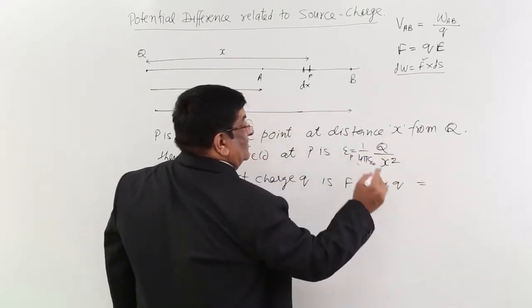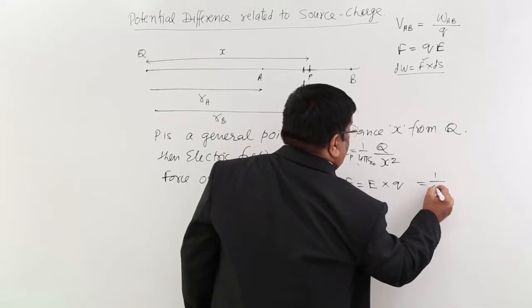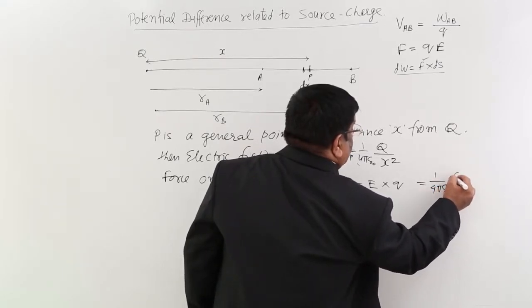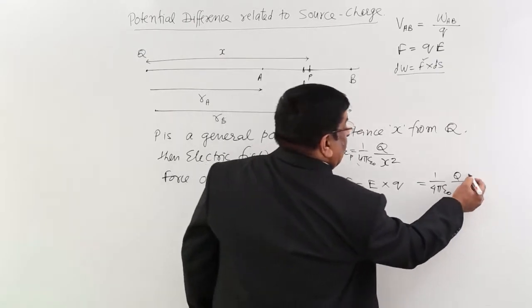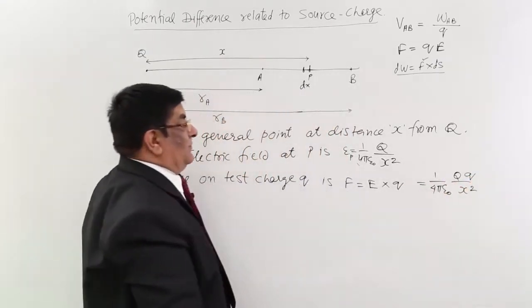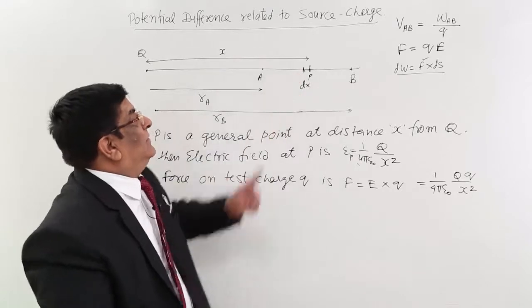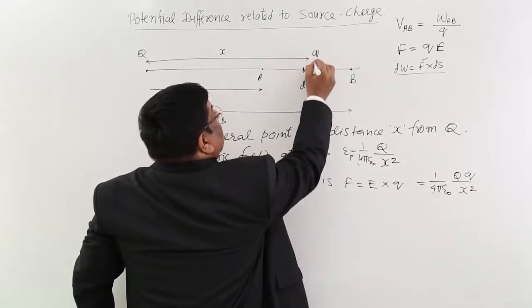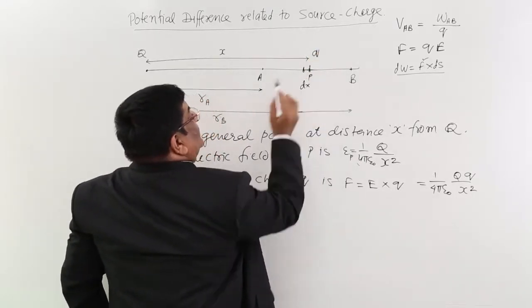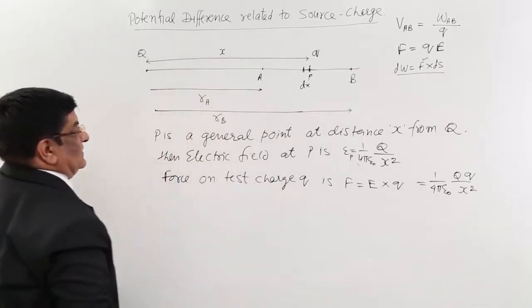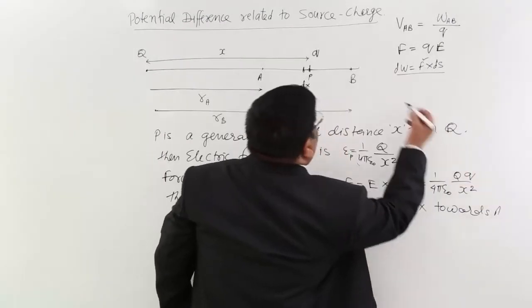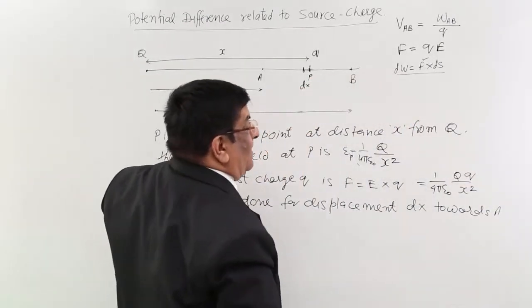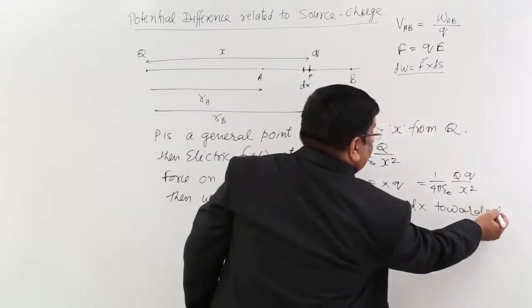This is the electric field, 1 upon 4 pi epsilon naught, q upon x square, multiplied by this charge q. This is the force acting on the charge q which I place here. Now I displace it by a little distance dx towards A. How much will be the work done?